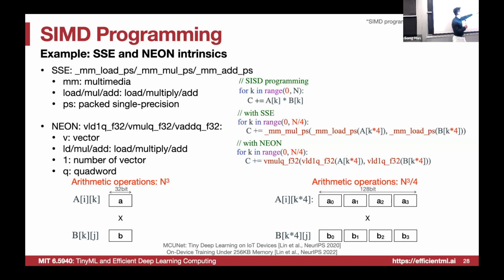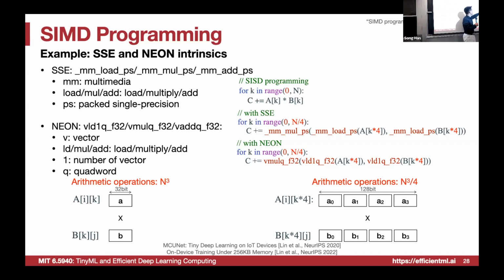And here we are loading A, loading B. Let's see what those entries mean. Here mm means multimedia, and load, mul, add just mean load, multiplication, and add. So this is loading from A at k times 4, because each time we are loading 4 elements.